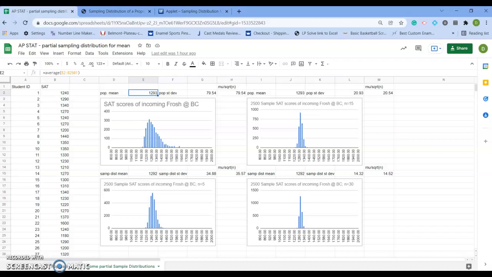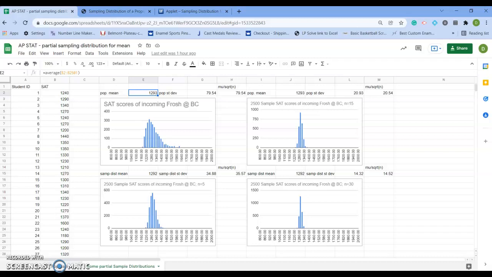If I took every possible sample, so that would be 2,500 choose 5, which is a massive number, it would be exactly equal to 1293. So we can see, even with a pretty small sample size of 5, our sampling distribution is close to normal. A little bit of right skew still remains.